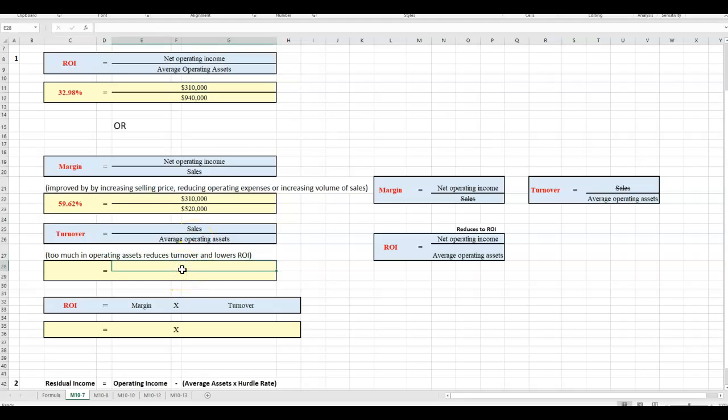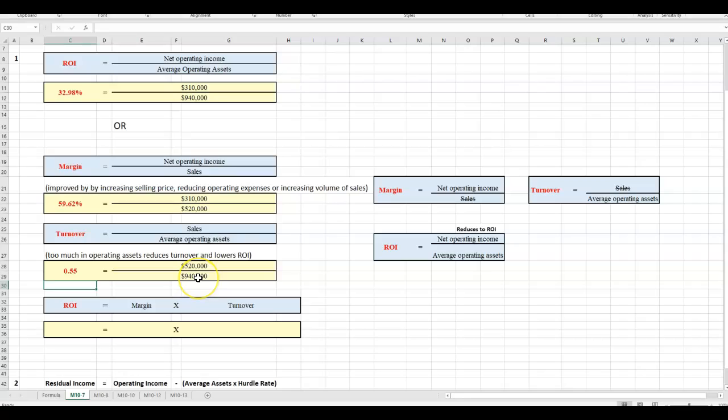Sales in this case is 520,000? Yes. Divided by the average operating assets of 940,000. That would be 520 divided by 940, or turnover of 0.55.